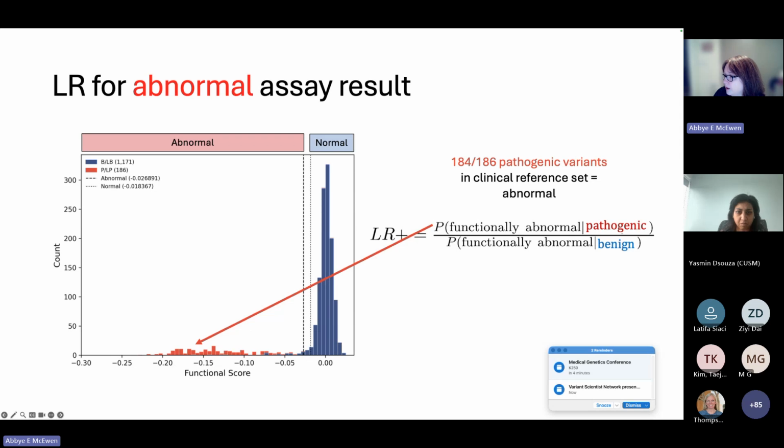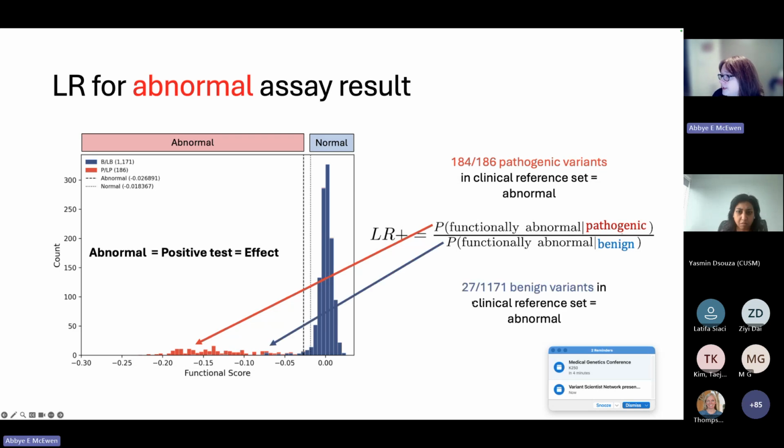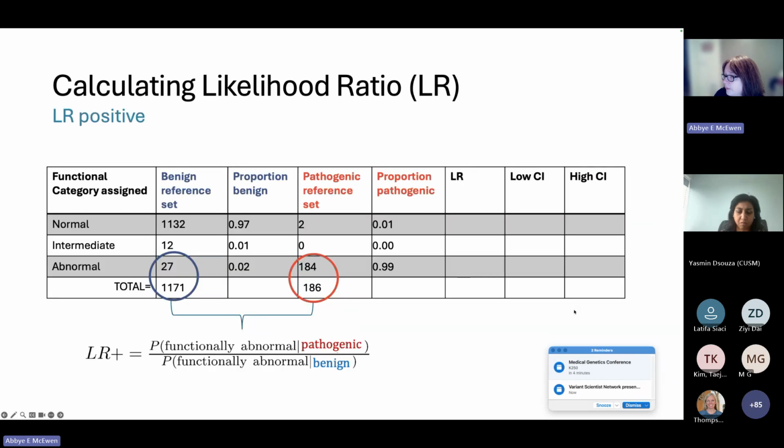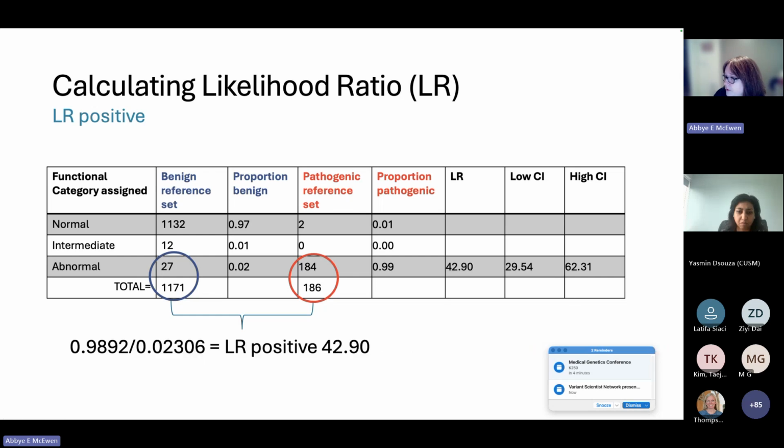So that's our numerator. And only 27 of over 1,000 variants that are known to be benign score in the pathogenic range. So 27 over 1171 is our denominator. If you put this together, you get a likelihood ratio of 42.